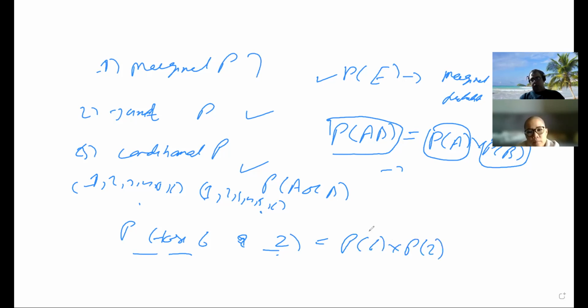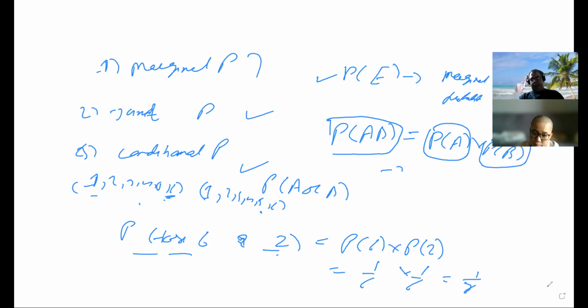What is P(6)? It's 1/6, because 1 2 3 4 5 6 can happen, and it's again 1/6 for the second, which gives 1/36.